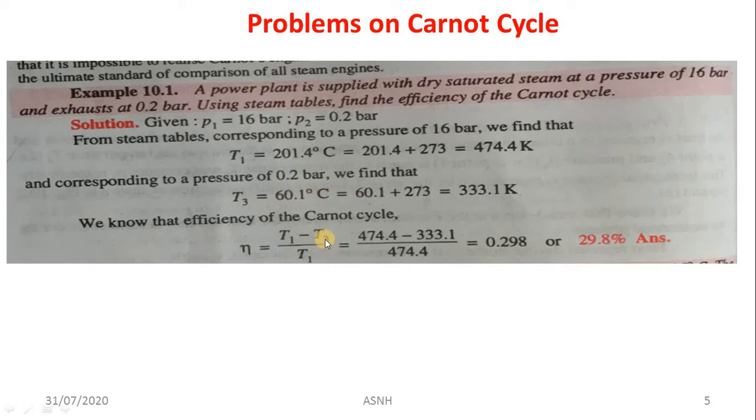After that, we put those values in the standard formula and multiply by 100 to get the answer in percentage. So the overall Carnot efficiency is 29.8%.